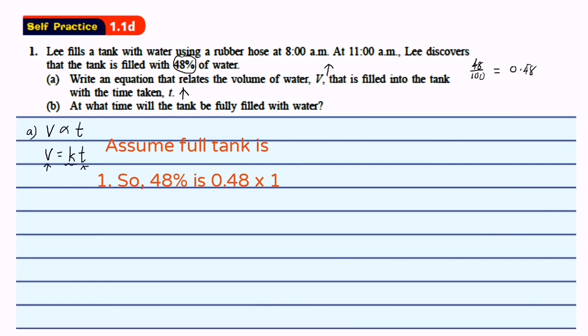So the volume we just assume is 0.48 equals K. The time is from 8 a.m. to 11 a.m., so it's 3 hours. So T is 3.